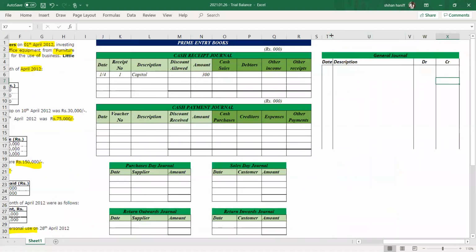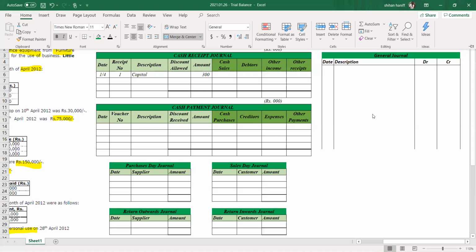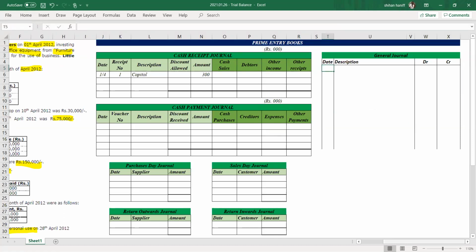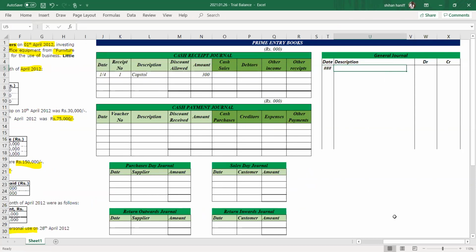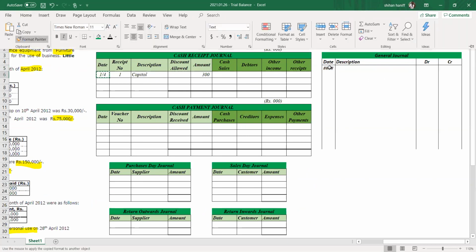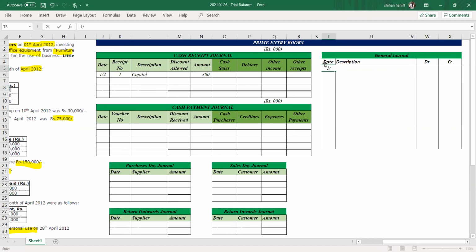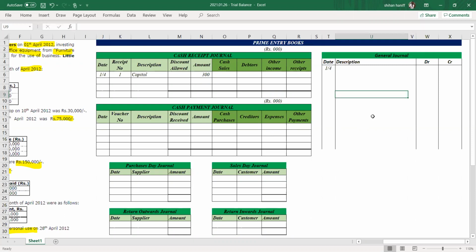General journal. So the date is 1st of April. Credit purchase of office equipment.